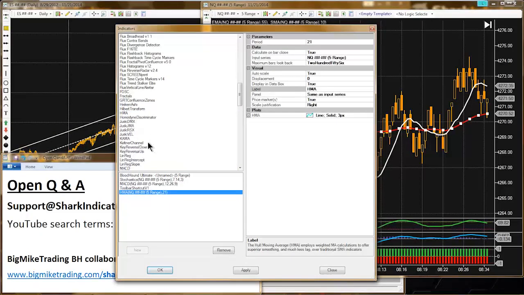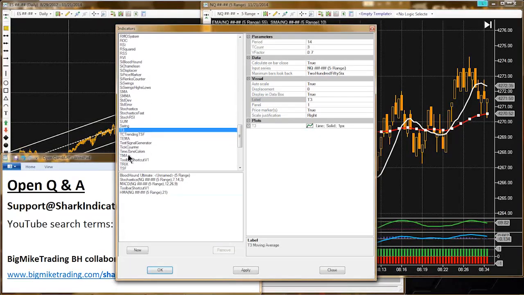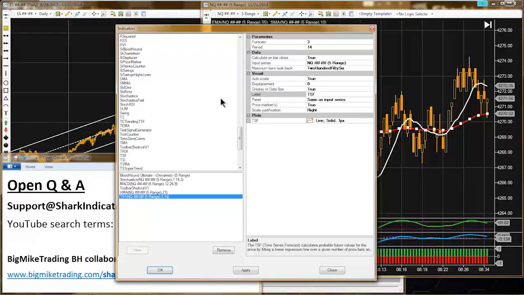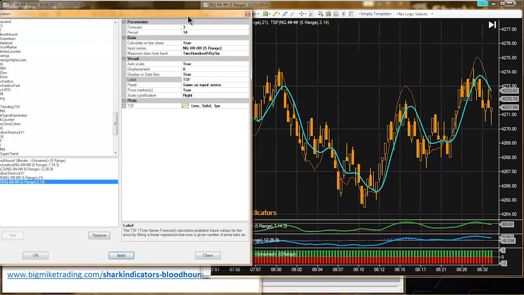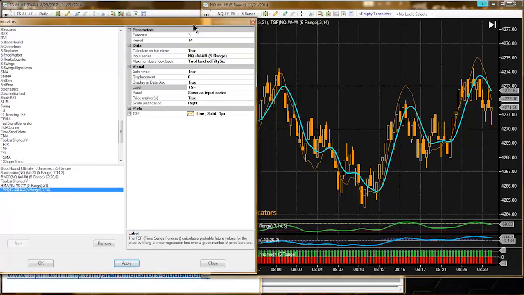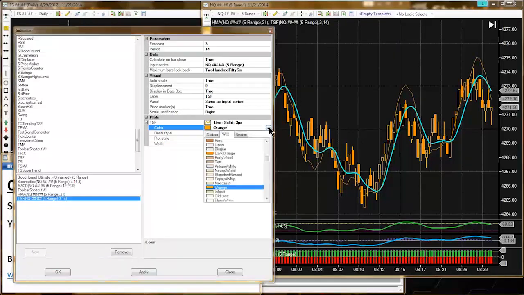Yeah, we'll do the HMA and maybe something like the TSF. Yeah, alright, I think this will work. Let me just change the color so they're a little easier to see.